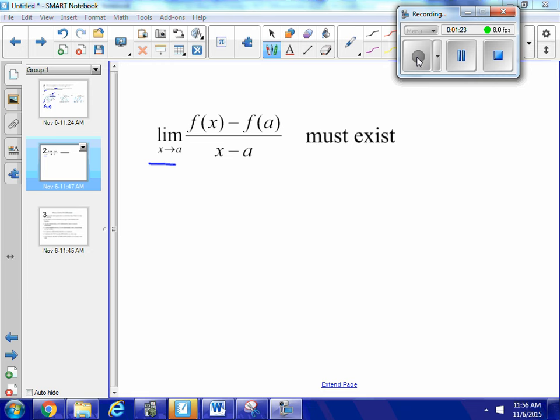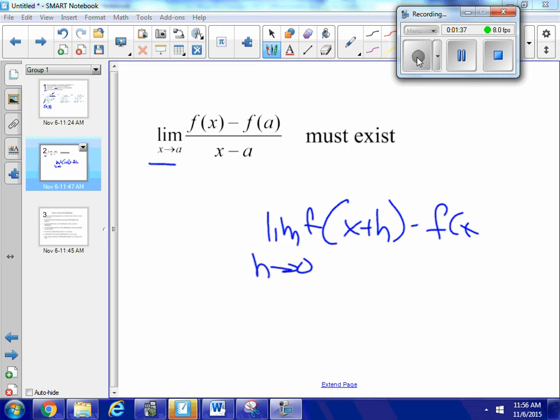It's essentially the same as the limit as h approaches 0 of f of x plus h minus f of x, divided by h. Just a different way of putting it.